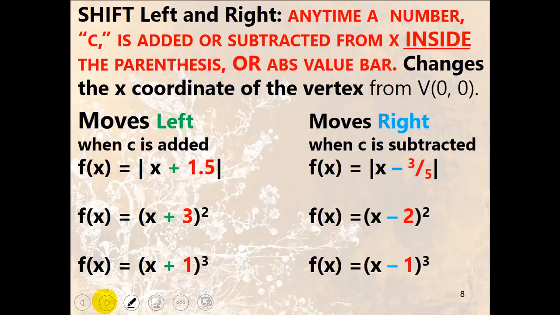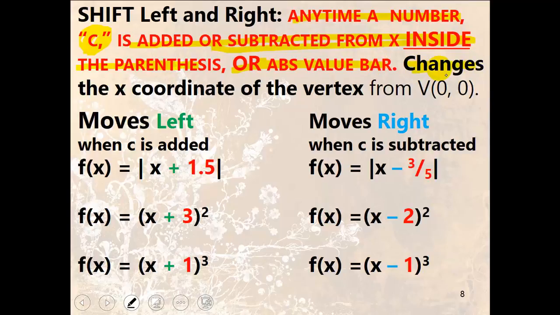Shift left and right. This transformation happens anytime you have a number C, we just call it C for general, a general name for it, added or subtracted from inside parentheses or absolute value bars. It has to be inside, capital inside. It's red, it's bigger than all the other words, it's underlined, inside the parentheses or the absolute value.